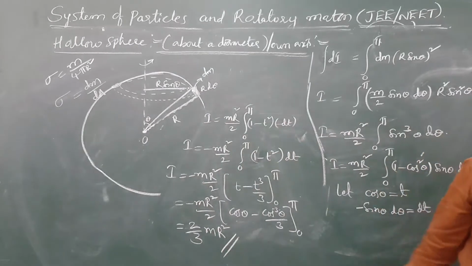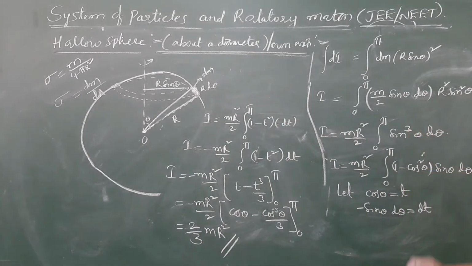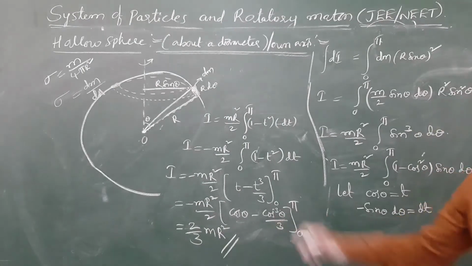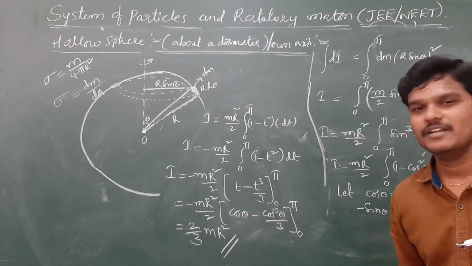This is somewhat lengthy. Better to focus more on the formula, otherwise better you see the method. This method will help in finding other types of questions. So take this: 2 by 3 m r square.